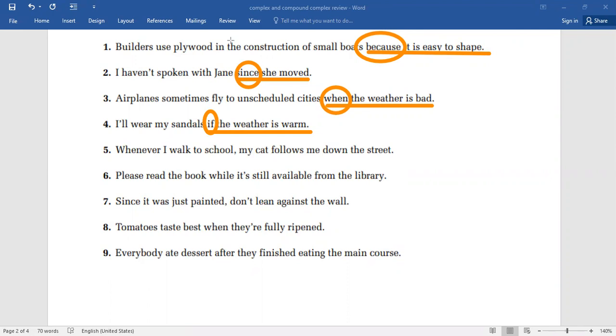"If" is a subordinate conjunction. I need you to please revise the list of subordinate conjunctions. All right, number five. Thank you, Ruqayya.